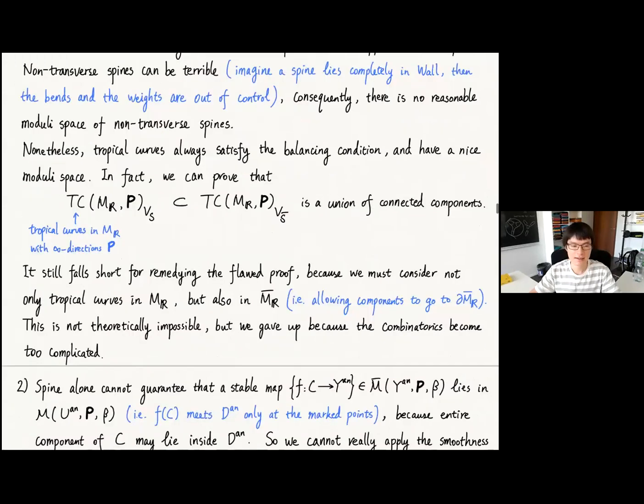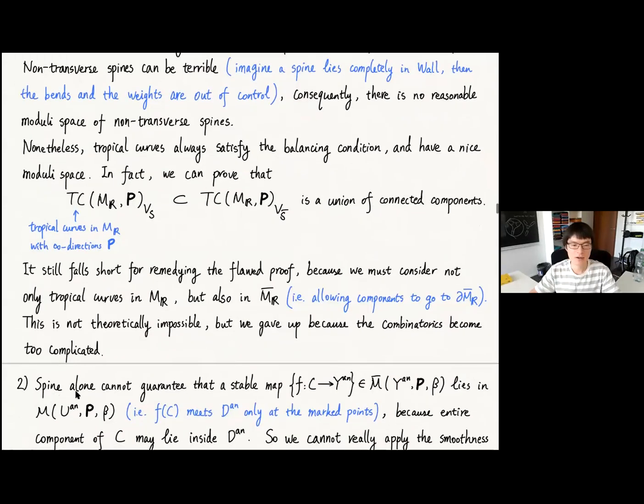And secondly, this is a more serious flaw. Spine alone cannot guarantee that a stable map in the proper moduli stack lies in the good moduli space.